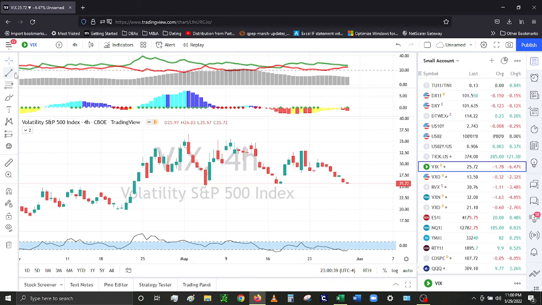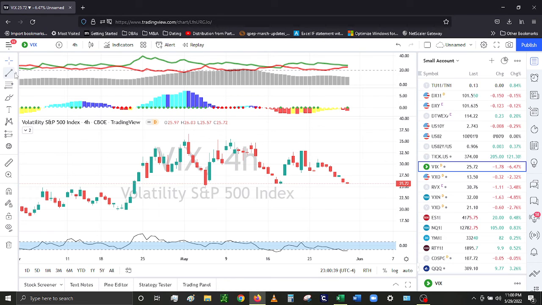So, I mean, even if you, it's kind of overreached a couple of times right here. Right here, it tried to break upside, failed, it busted. Here, it tried to break downside, failed, busted. But it's a consolidation pattern, so it's going to do that.